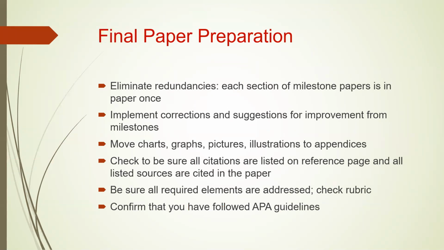Move graphs, charts, pictures, illustrations to appendices. Make sure all citations are on the reference page and all things cited are on the reference page. Several teams did not have everything that they had cited also on the reference page. Be sure to include all the elements, check the rubric, and confirm that you have followed APA guidelines.